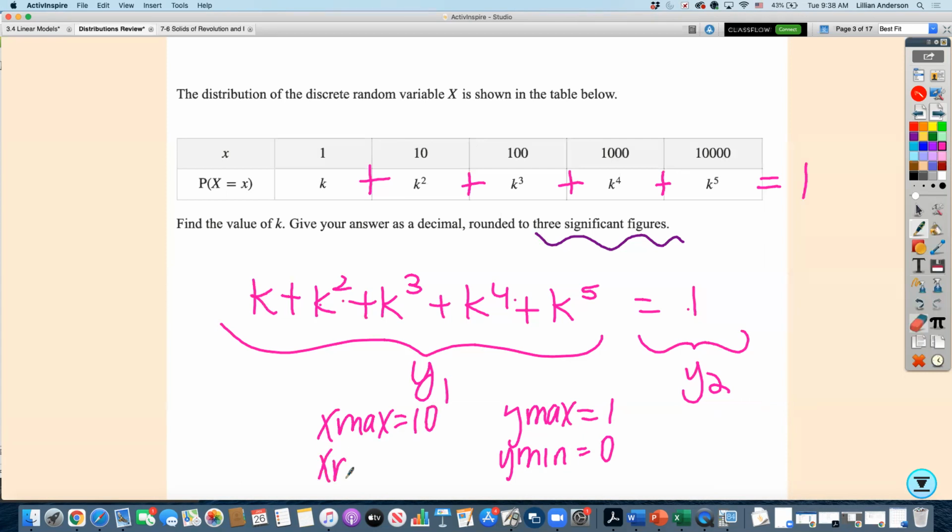And then your X min, 0, because since K has to be an actual value that represents a probability, it can't be negative. So actually, set it to 1, because your probabilities have to be between 0 and 1. So you could set your Y max to 1 as well. Your answer should have been K is equal to 0.509. Okay?